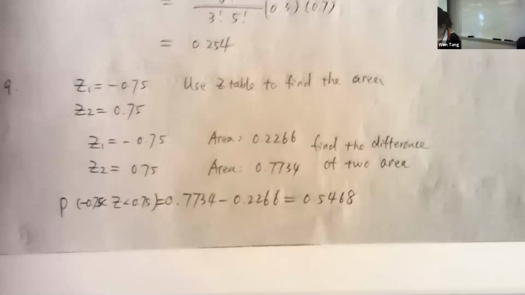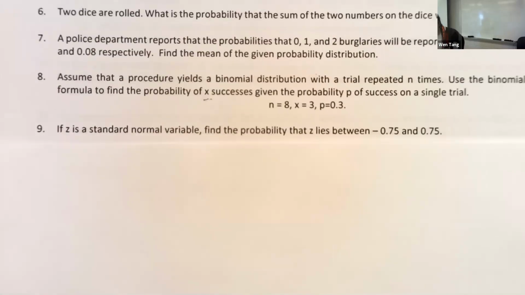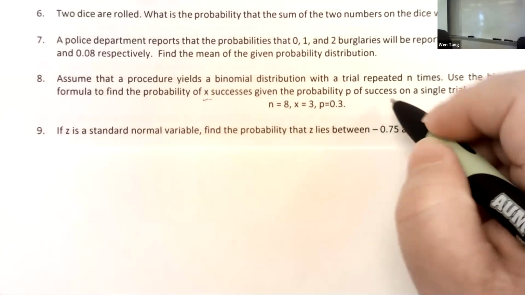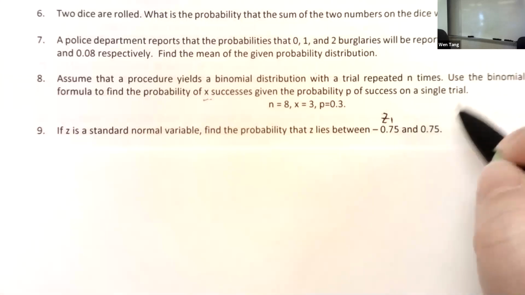So next one, we talk about finding the probability by using the Z table. Okay, so let's check. We have 2 Z values. Z1 is negative 0.75.